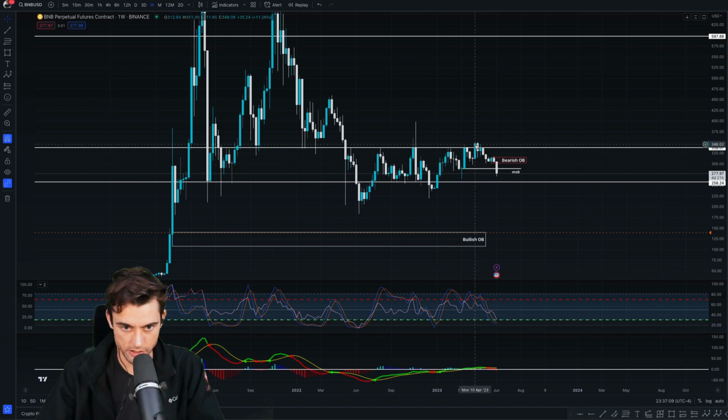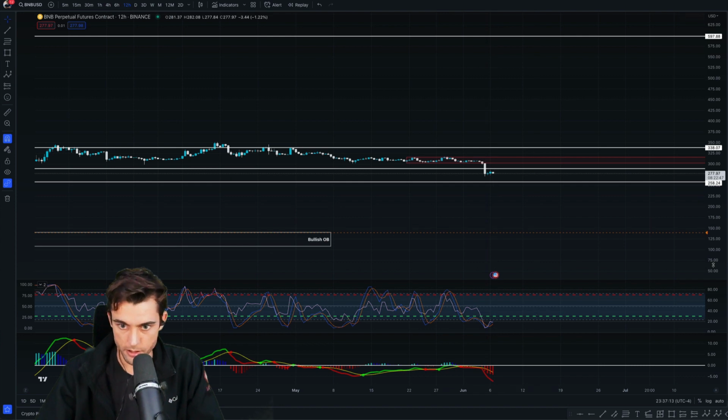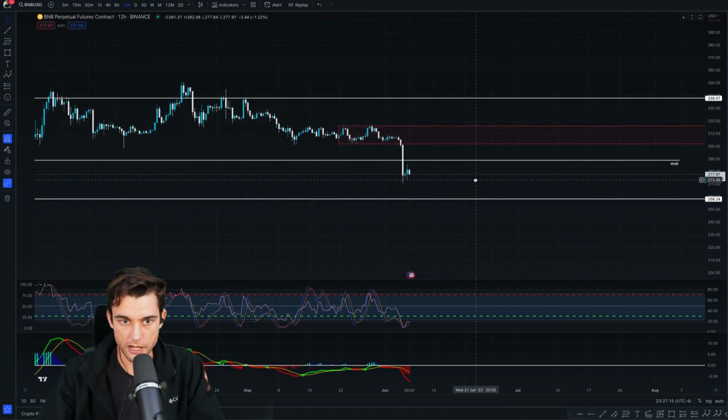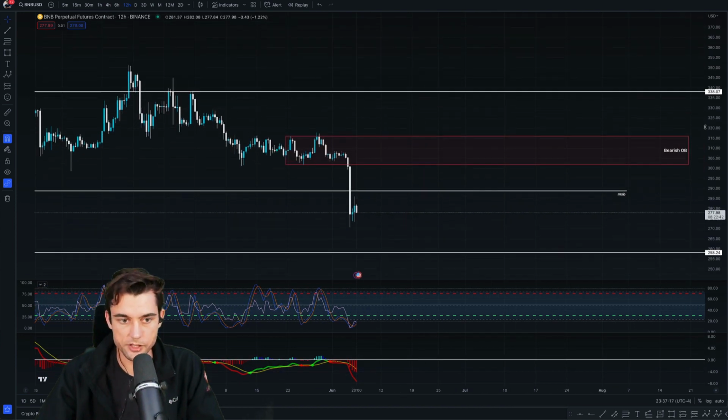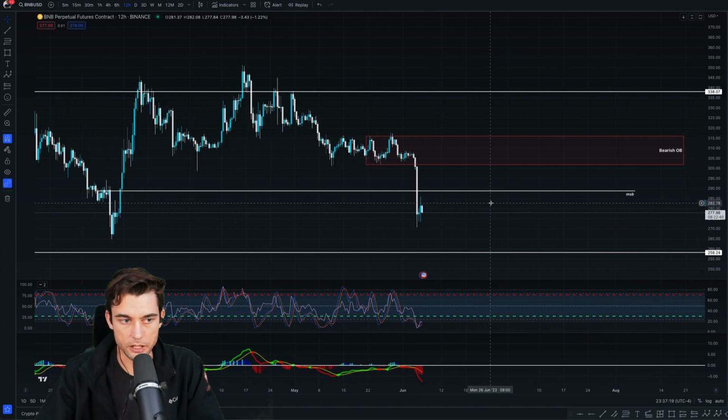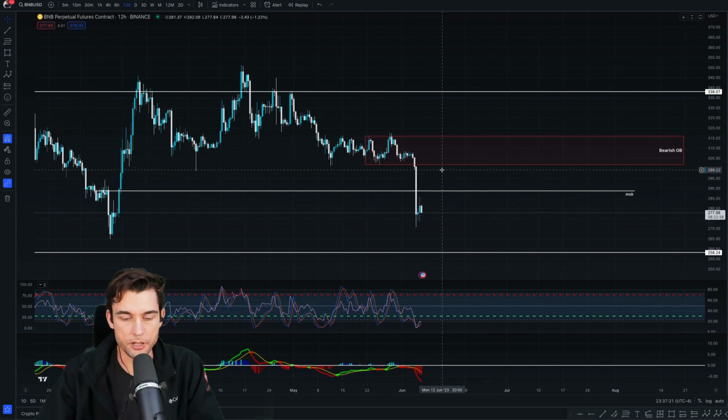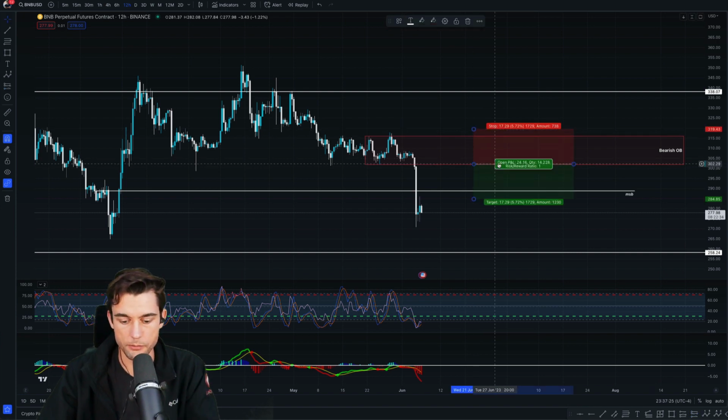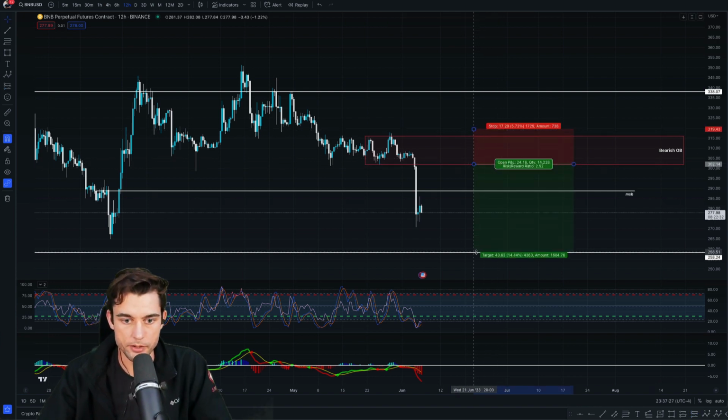And this is obviously the top, this is the bottom, so I'd want to take profits down there. Then I'd go into the 12 hour, and I would say if for some reason BNB comes back up here, this would be a pretty easy short in my opinion, and I would target down there. So that's what I would do.